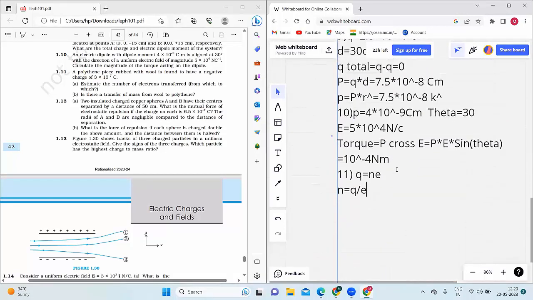Given the value of the charge acquired is Q equal to 3 into 10 power minus 7 coulomb.